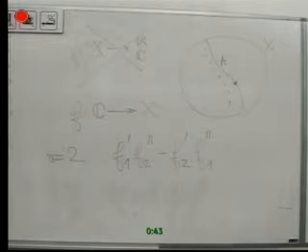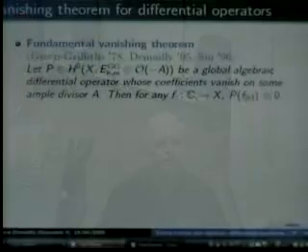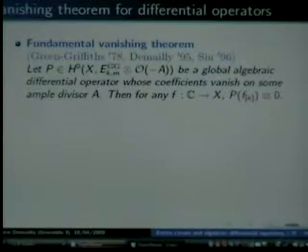Then if you have such a global operator, automatically all entire curves have to be solutions. So if you happen to find such a global operator, you know a priori that your entire curves have to be solutions of this.